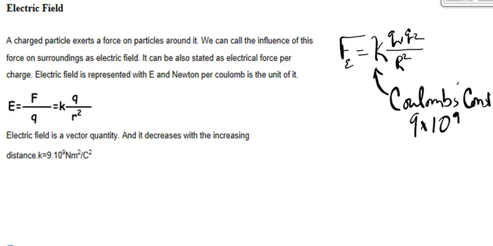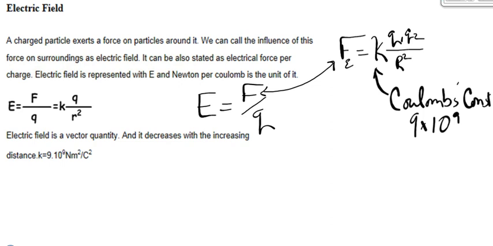So if you look over here, you see the equation is E is equal to F over Q. And if you look, F is just K Q1 Q2 over R squared.